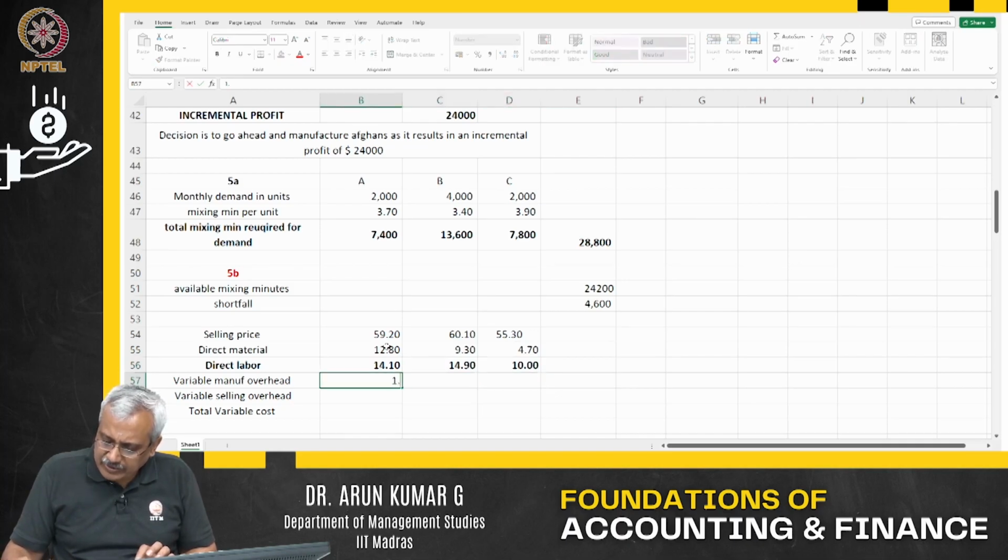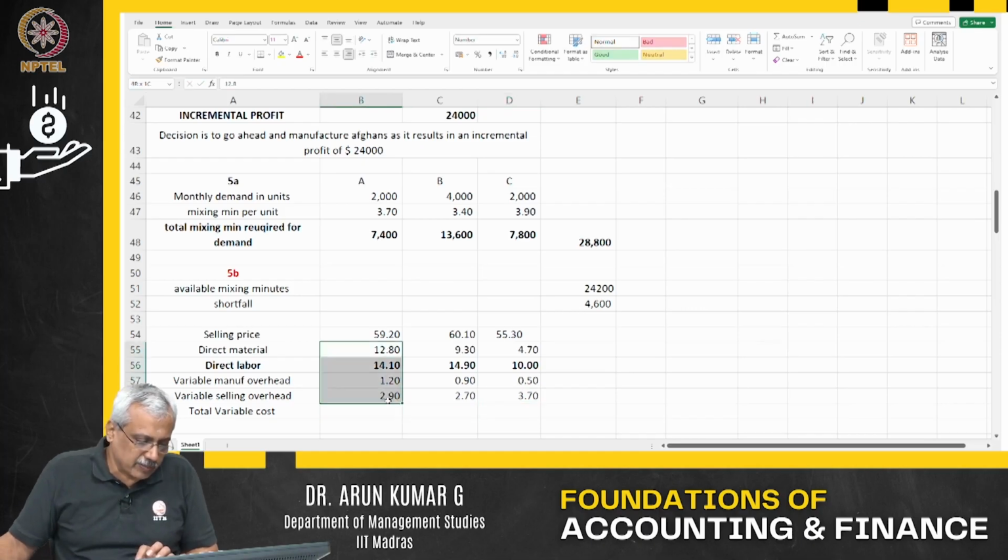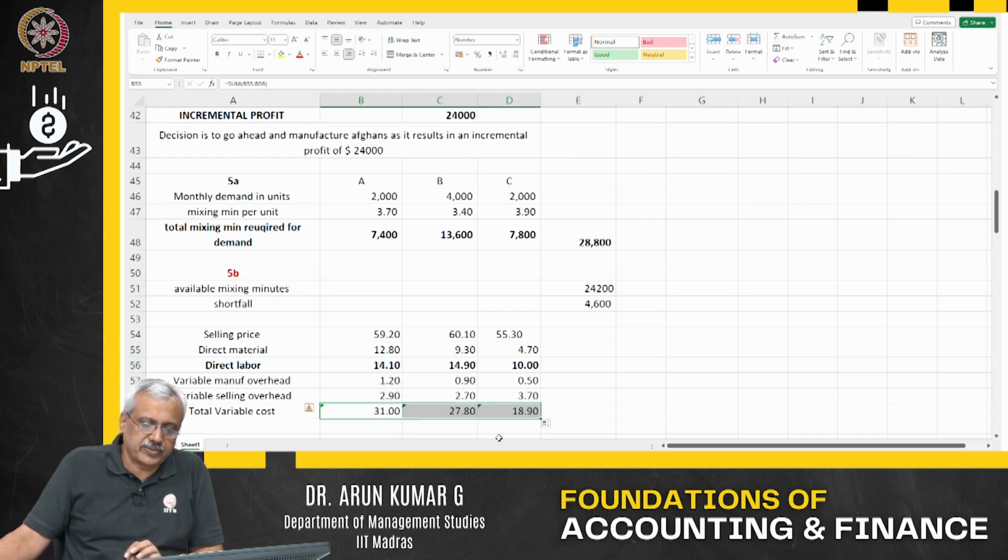My variable manufacturing is 1.2, 0.9 and then 0.5, and variable selling overhead is $2.9, $2.7 and $3.7. So, what is my total variable cost? I just have to sum this up, and this is my total variable cost on all the three cases.